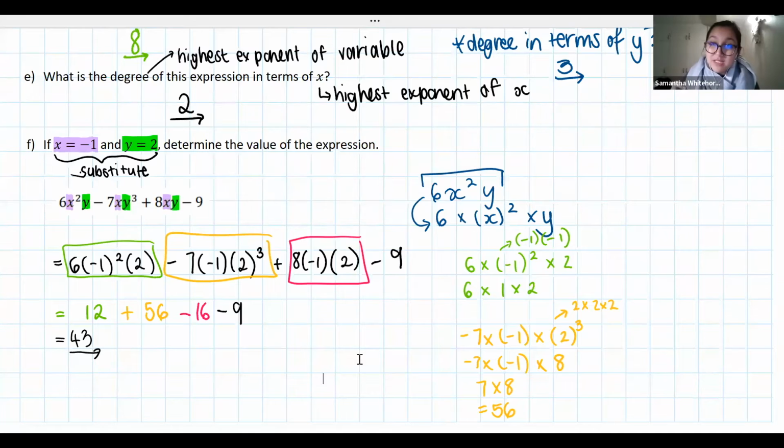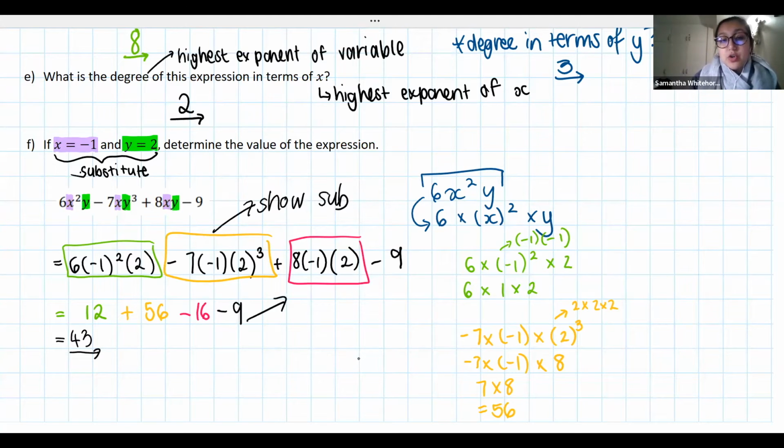12 plus 56 is 68. 68 minus 16 is 72. 72 minus 9 is 43. Okay, so if I say without a calculator, what do you need to show? You need to show substitution.